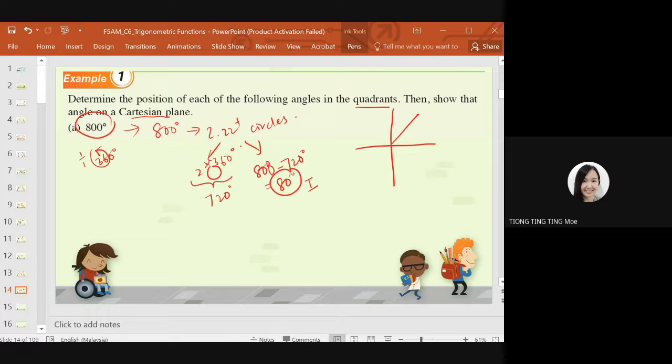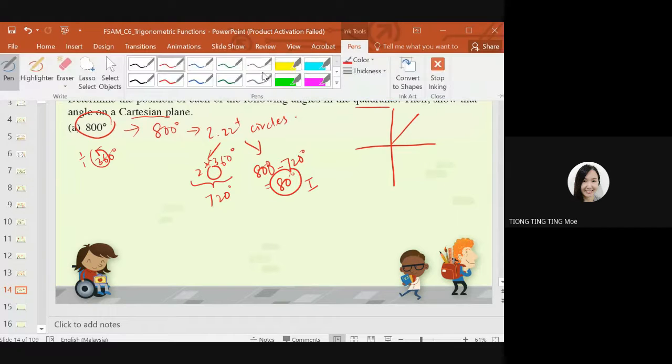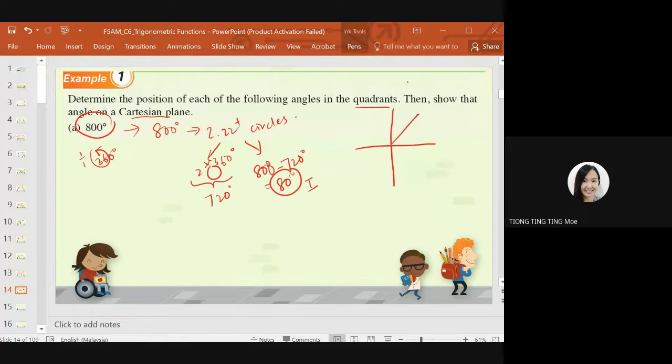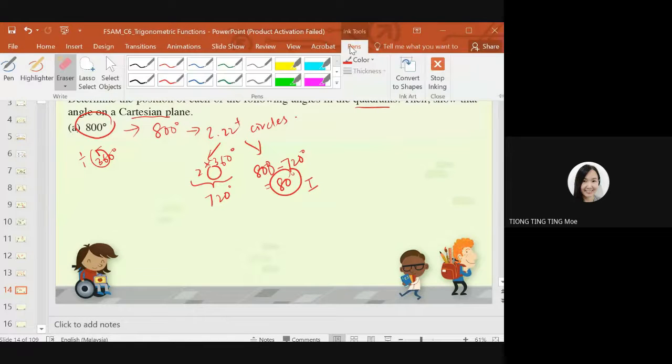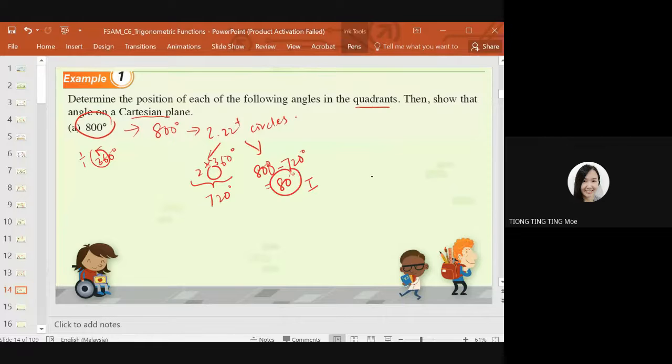Then how are you going to show it on the Cartesian plane? How are you going to draw? We draw like this, I draw bigger for you.